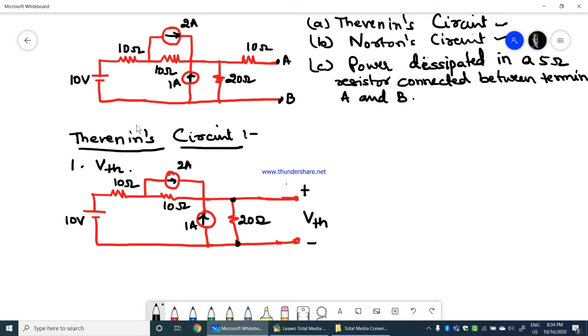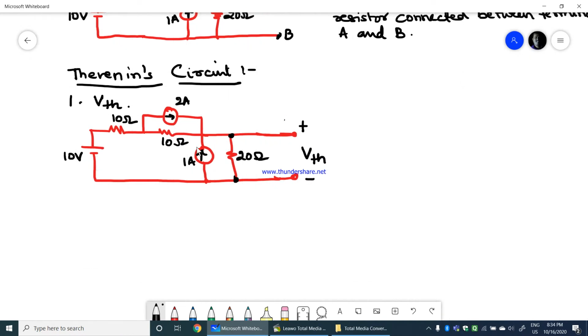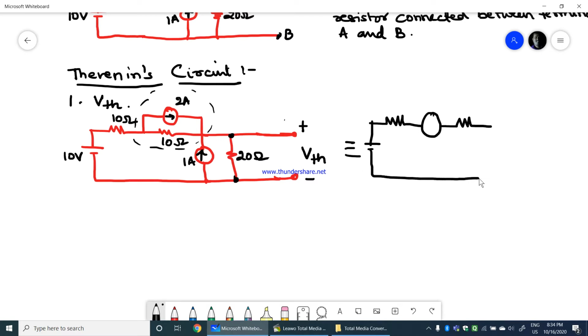But before that, in the circuit you can see there is a source transformation which you can apply for this part of the circuit. If I apply the source transformation, what will I get? So I get 10 ohms connected to a voltage source, another 10 ohms, I have this 10 volts, and this is in turn connected to a current source, then a resistor 20 ohms, and this is my VTH.